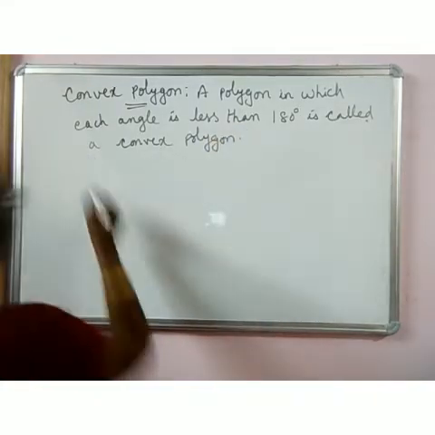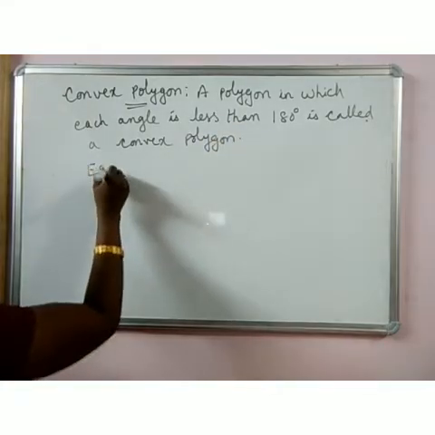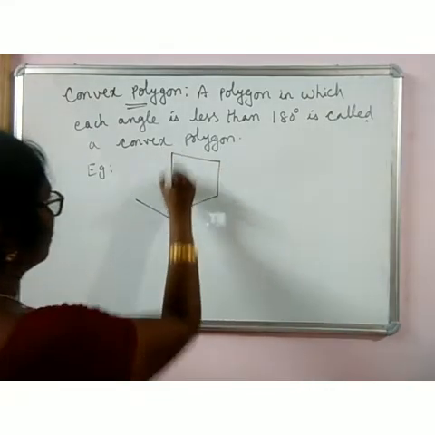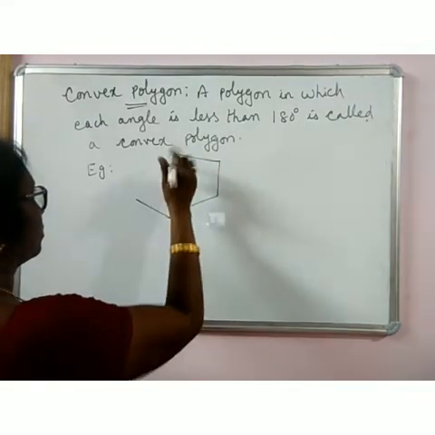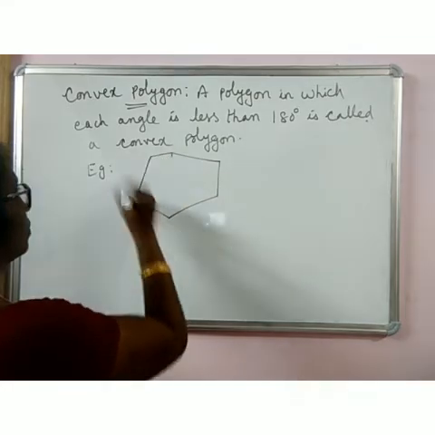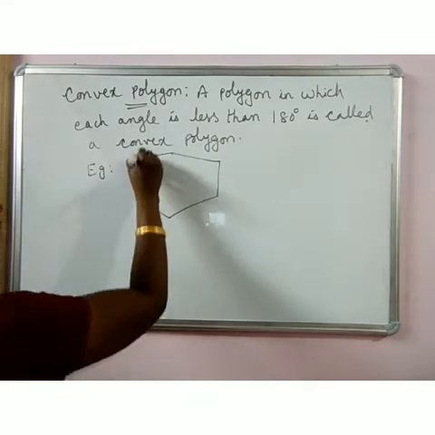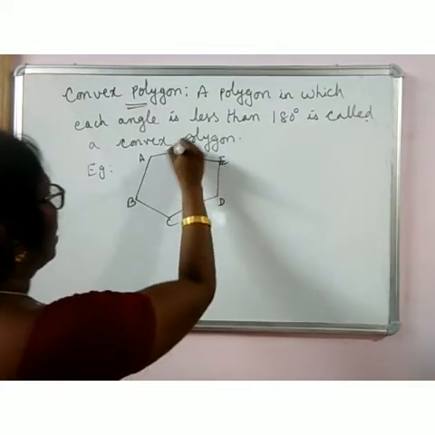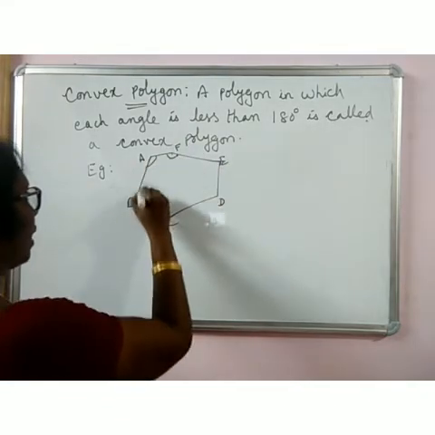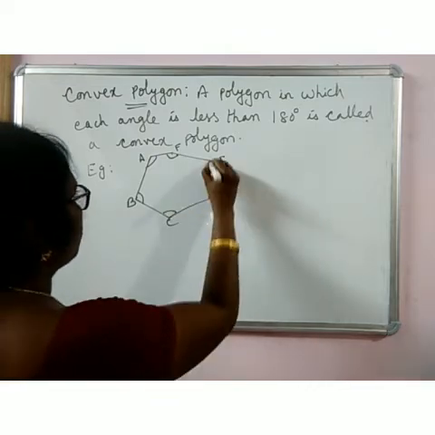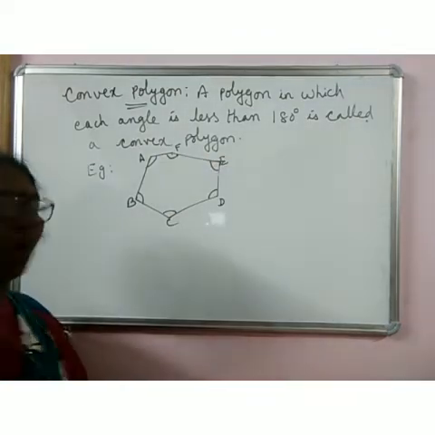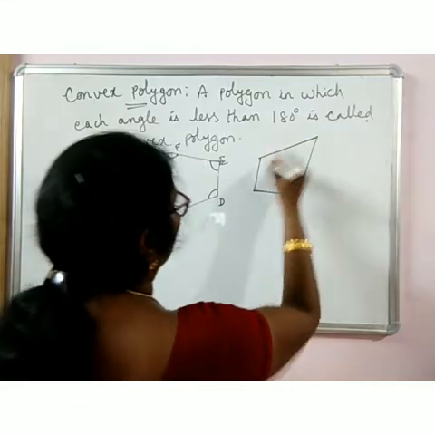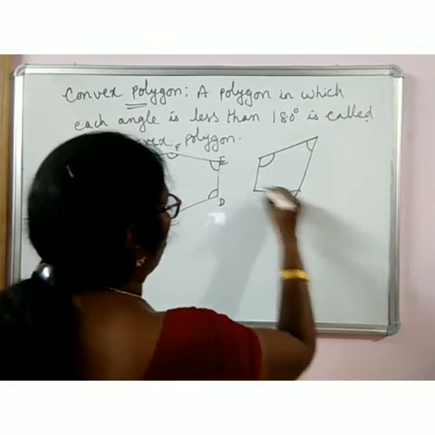Let me show you the figures of a convex polygon. A, B, C, D, E, F. You can see all the angles are less than 180 degrees. It's a convex polygon. It is also a convex polygon.